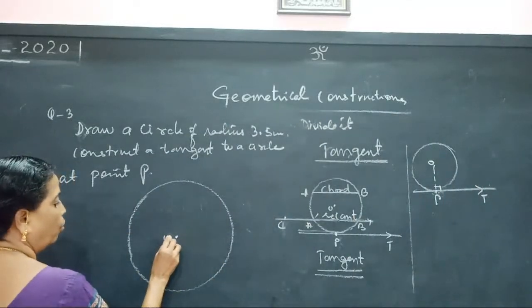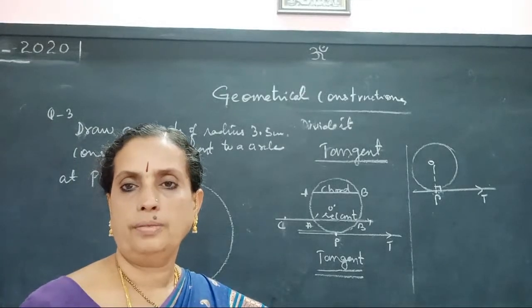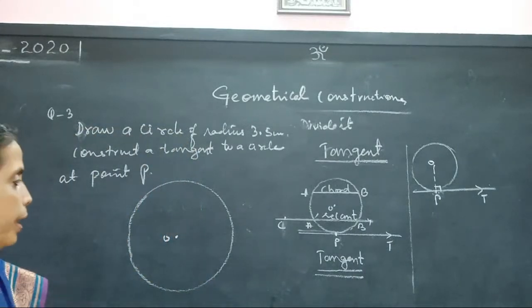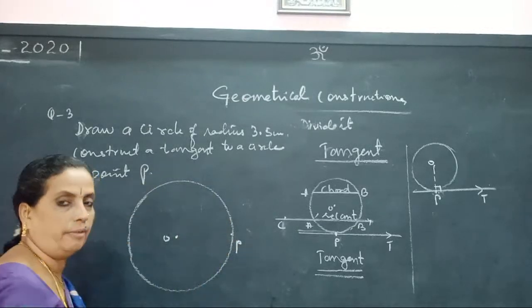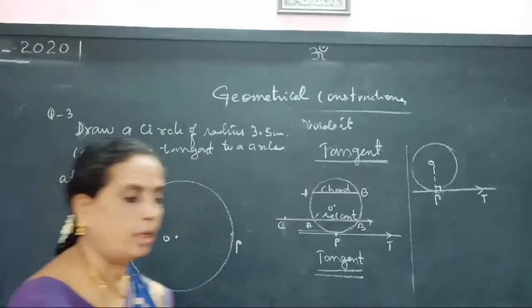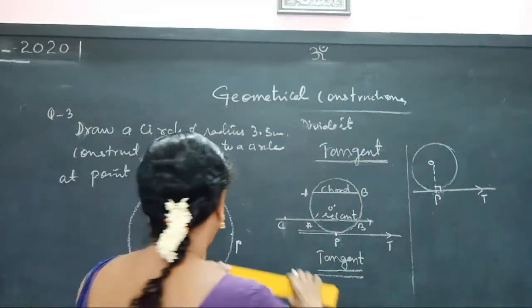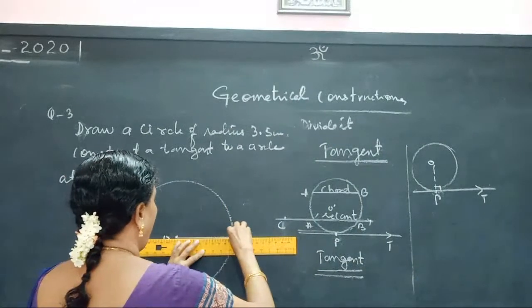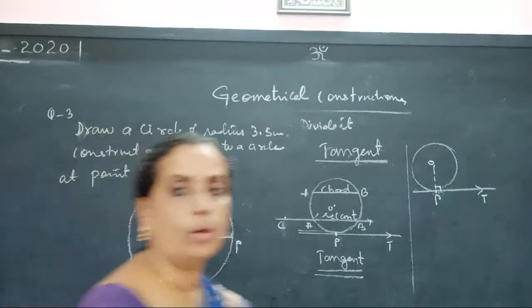Get its center O. Have you all drawn? Now take a point P anywhere on the circumference of the circle. I have taken P here. After taking the point P, join O to P.